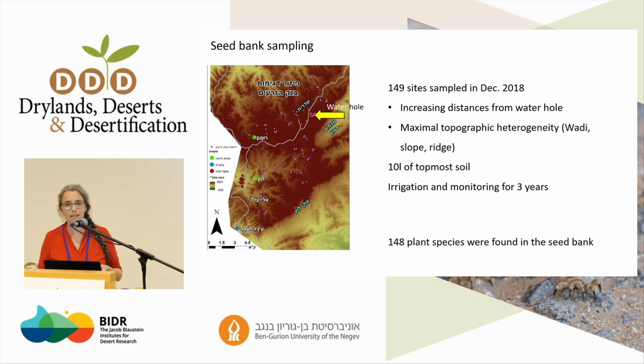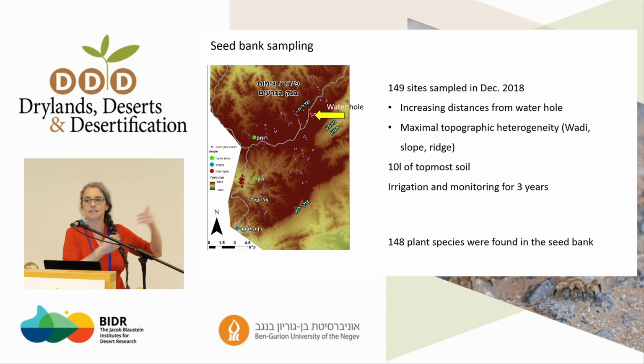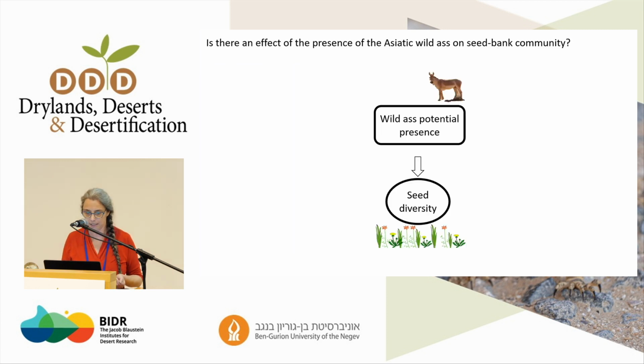The major question that we have, as I remind you, is whether we can see some connection between the wild ass presence and the composition of the vegetation as it is reflected in the seed bank. So this is our question. We want to see this connection between the wild ass and the seed diversity that we see locally in each of those samples.